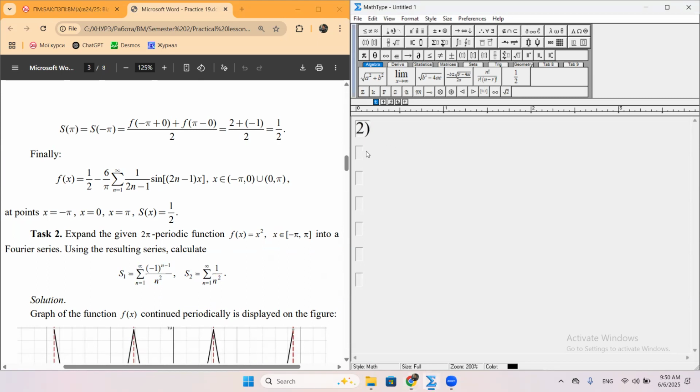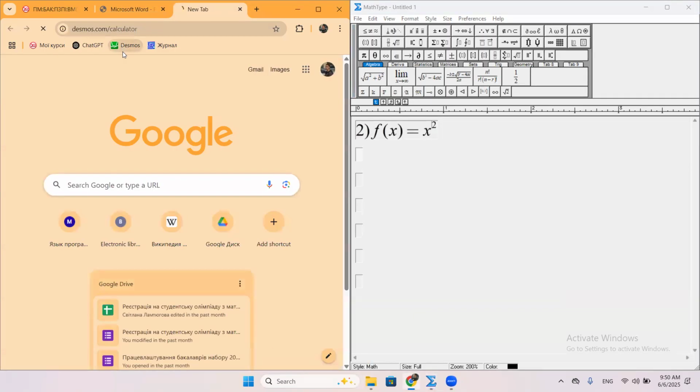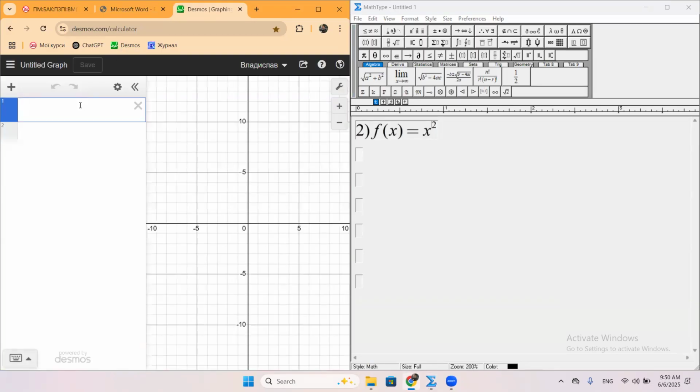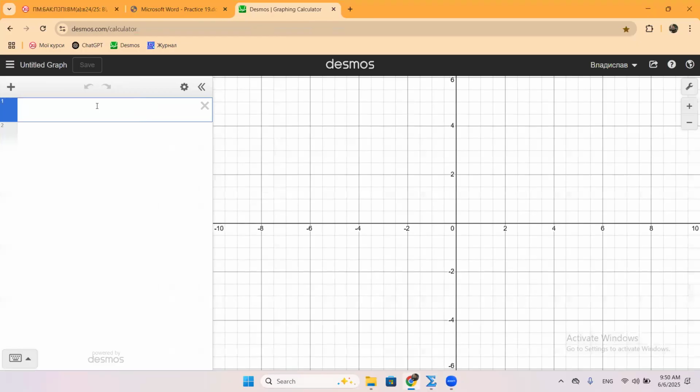So this is the task for application of Fourier series. We know that x squared is non-periodic, but we will continue it periodically.